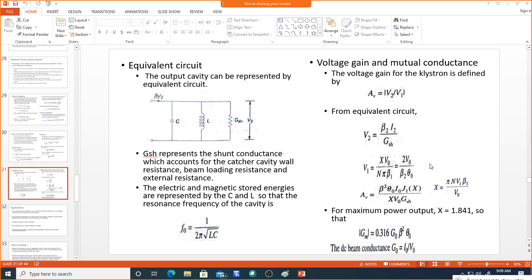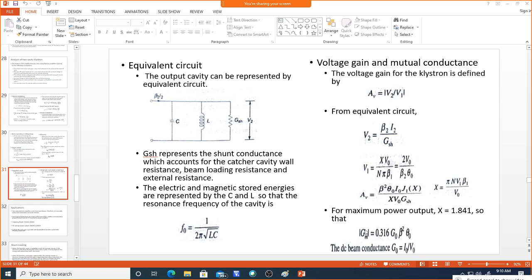Now the gain we can define as the ratio of V2 by V1, which will be given by this equation. If you take the ratio, you will get the voltage gain. Now for the maximum output power, we define the bunching parameter X, which is 1.841. That comes from the Bessel functions: J1 of X, for this value you can calculate the Bessel function.